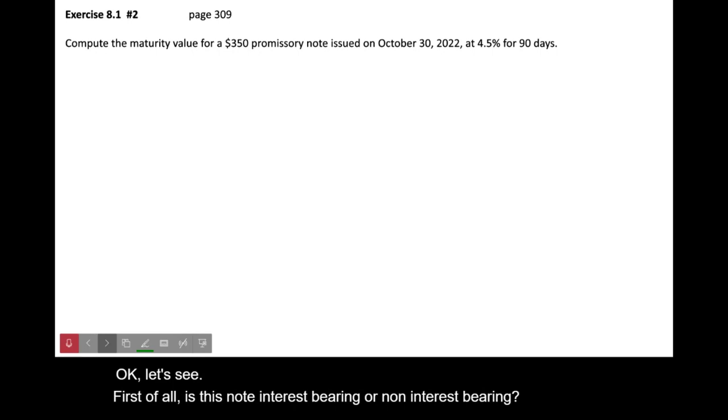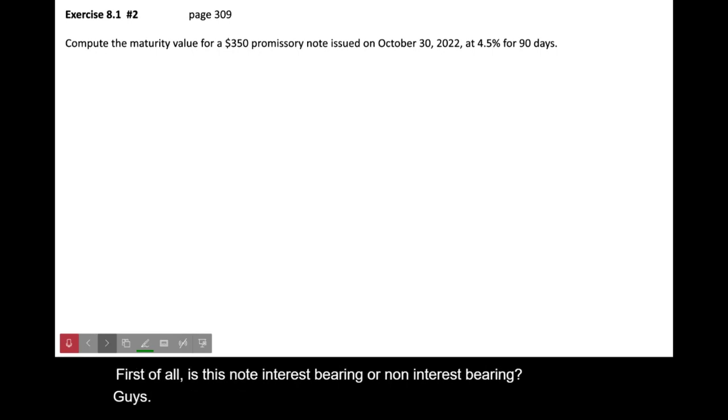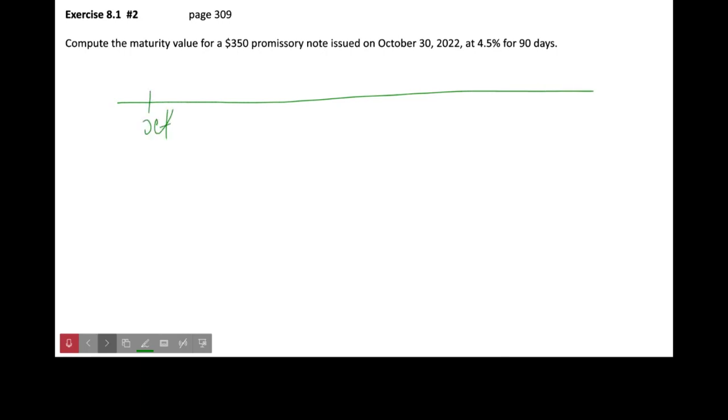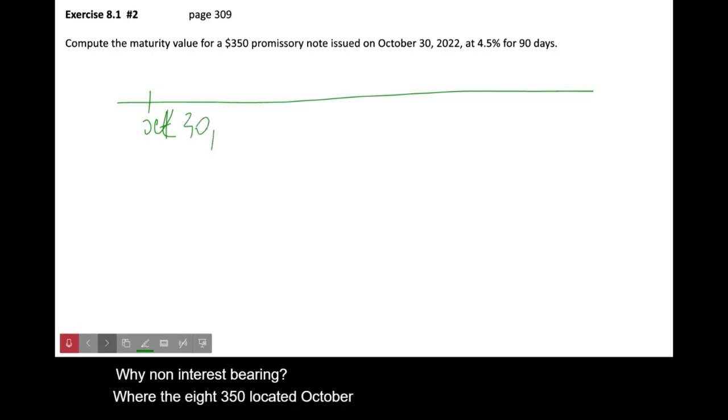Okay, let's see. First of all, is this note interest bearing or non-interest bearing? Guys, people, why? Why non-interest bearing? Where is the 350 located? October 30th or present? So it is interest bearing.